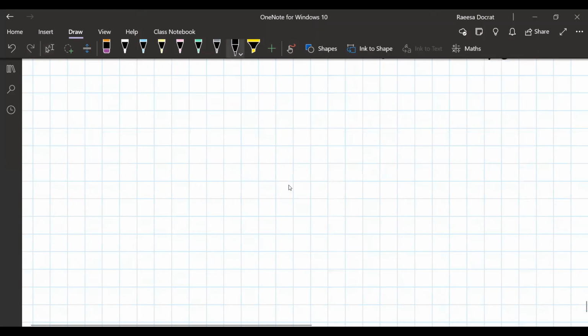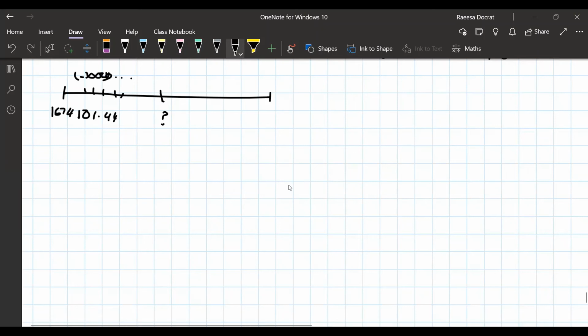So one thing we could do is that she had 1,674,501.44. Then she's been making withdrawals of 30,000, right? And then after 20 payments, we want to know how much she has.